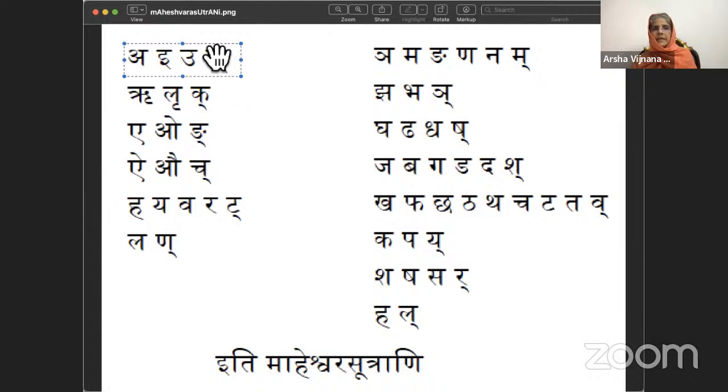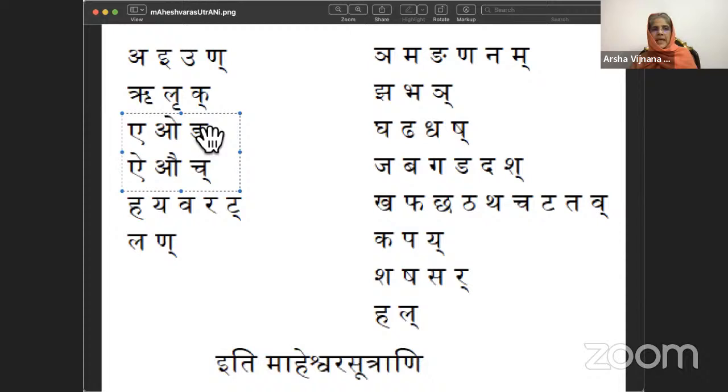Why is it here? Because from this we can make three pratyaharas: un, in, and we can make already three. This is fascinating. That's why it is here, and that's also the same reason why the diphthongs are separated, because we have two sutras.